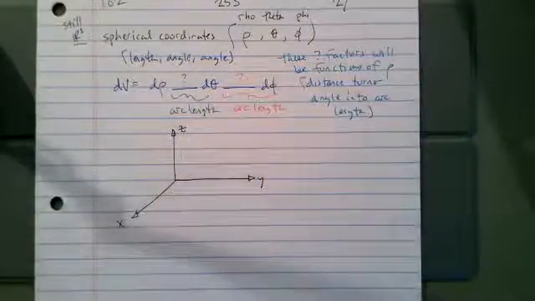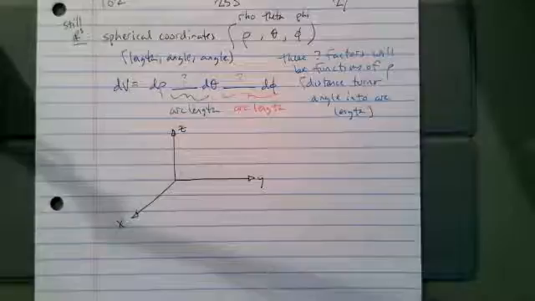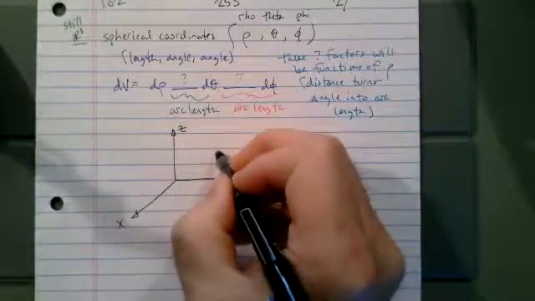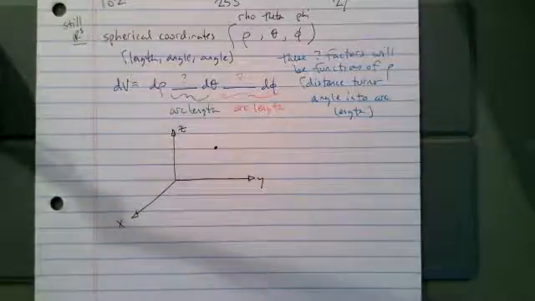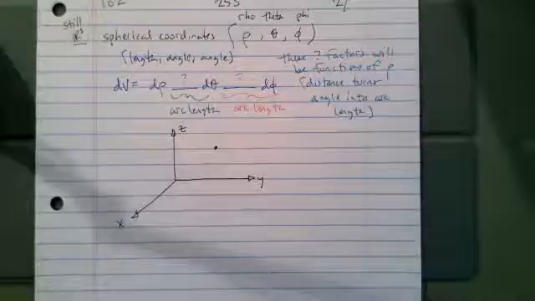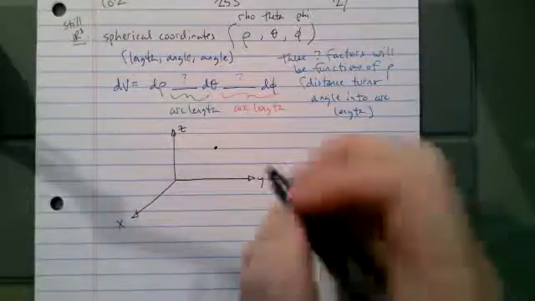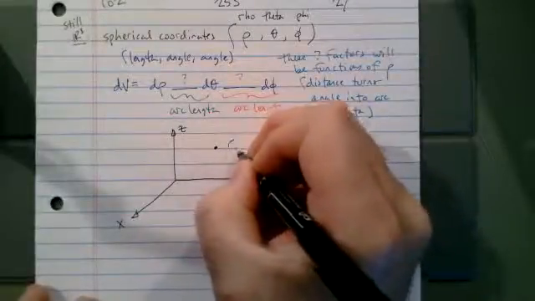And we want to describe a point in space. Let's see, what's going to give me enough room? So let's suppose we want to describe this point. So that point is rho, theta, phi.